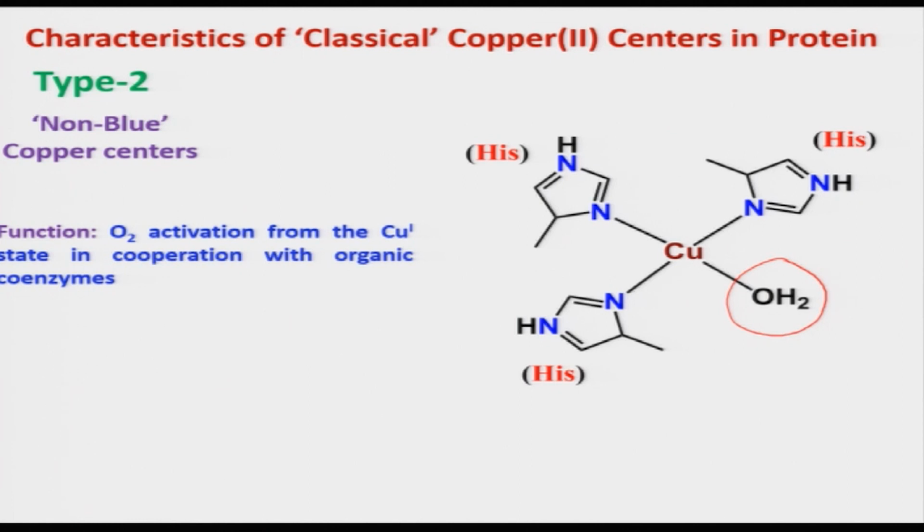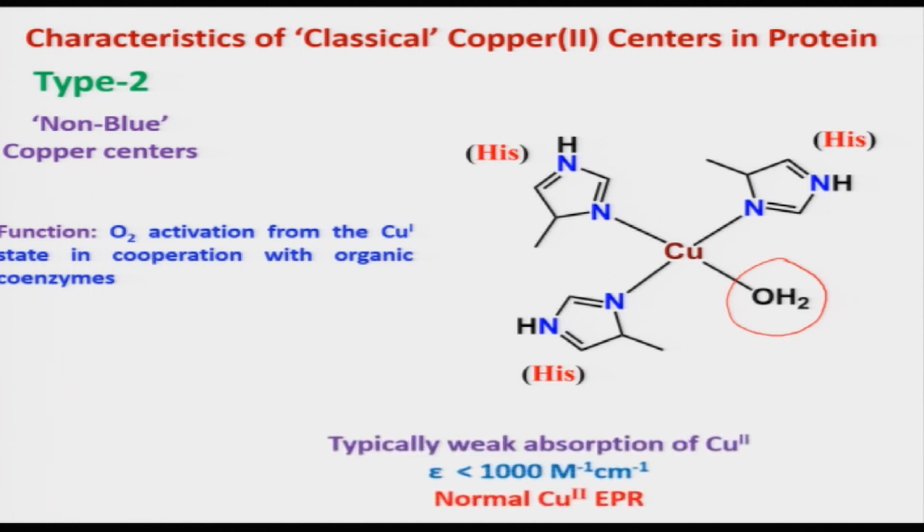The characteristic features of this oxidized species are that it produces weak absorbance, with an epsilon value of less than 1000 mole inverse centimeter inverse, and it also produces a normal copper 2 EPR.